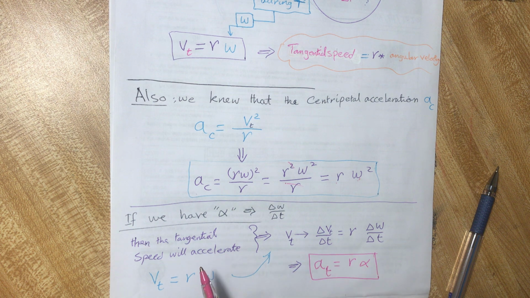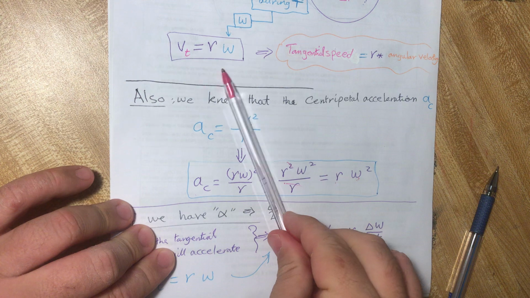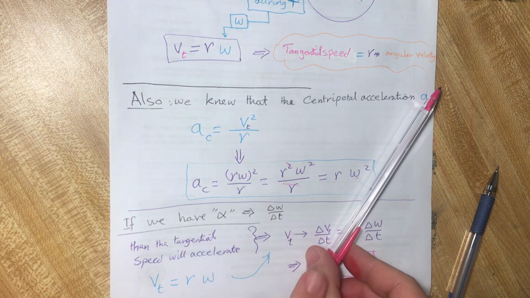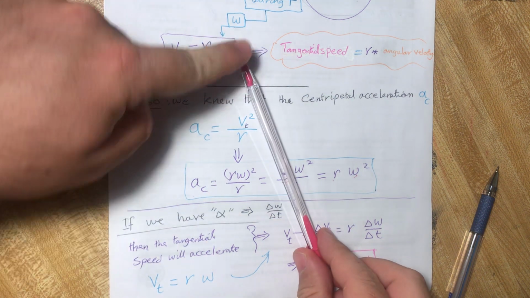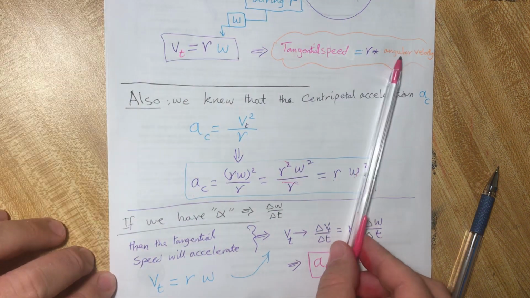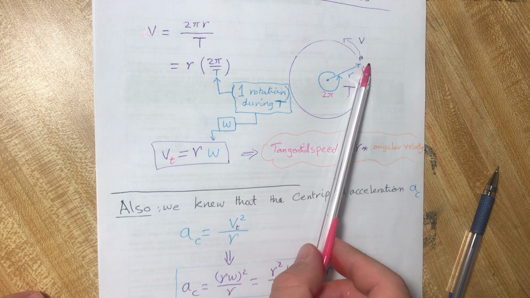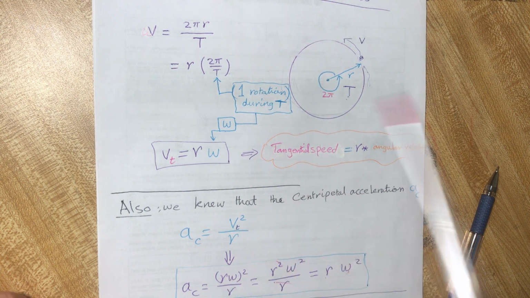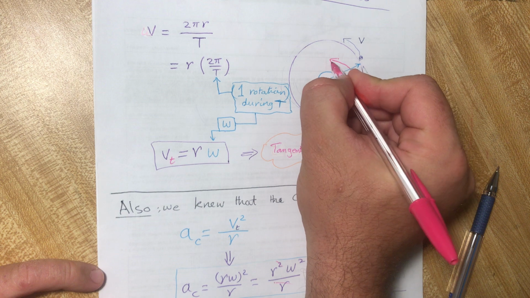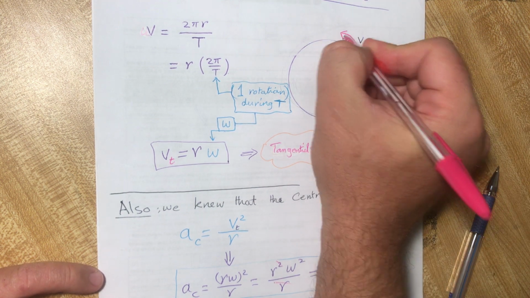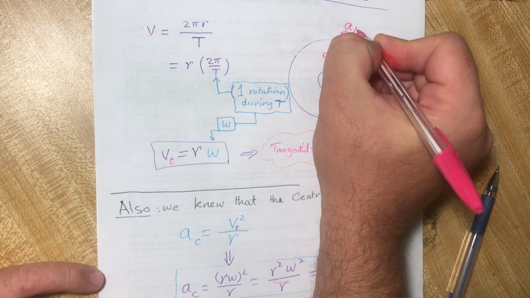Okay, if we have a change in the angular velocity, then the tangential speed at the circle edge will also be accelerated. If we have angular acceleration alpha, then we have tangential acceleration.